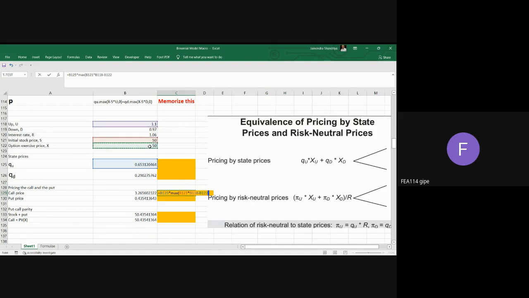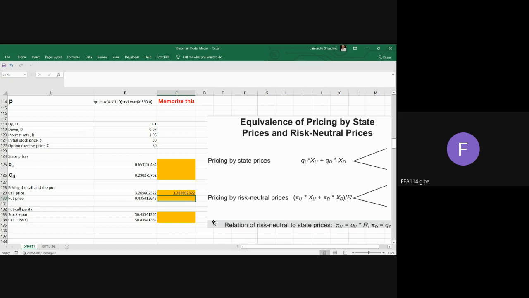From here, I have to subtract the exercise price and then also write 0, in case my assumptions are bad about the up movement, plus QD, into the maximum of stock price into downside movement minus exercise price, and then 0, because this is most likely going to be negative. So then my value comes exactly what is expected. So 3.26 becomes the call price.